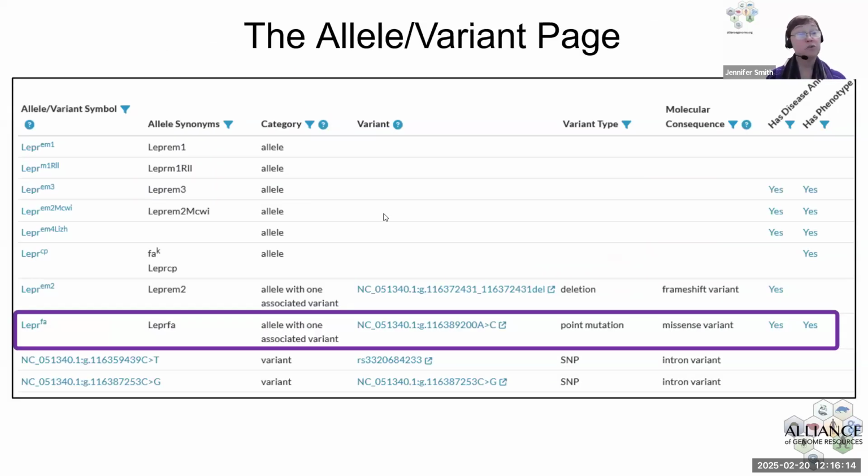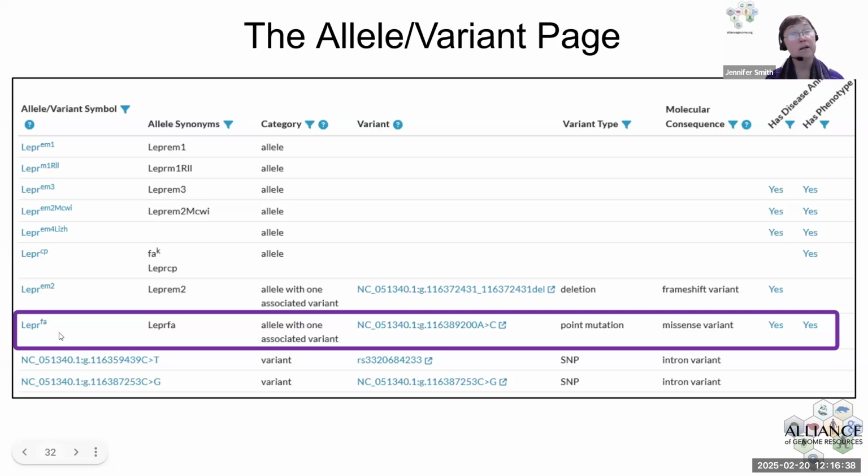So going back to the allele and variant section of the gene page, I'm going to take us to the allele variant page. And one easy way of getting to it is from this link in the first column of the alleles and variants summary table on the gene page.